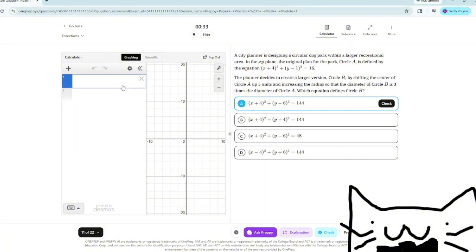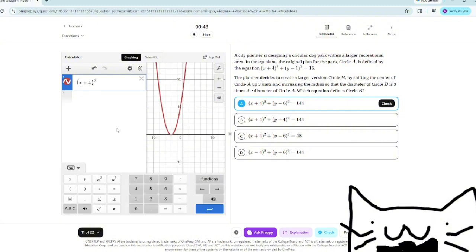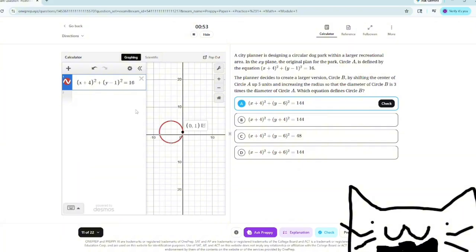Alright, wait, actually, let me check this out. Oh, shoot. That's a little embarrassing. Okay, x squared plus y minus 1 squared equals 16. Is that a circle? Oh, we have a circle. Okay.